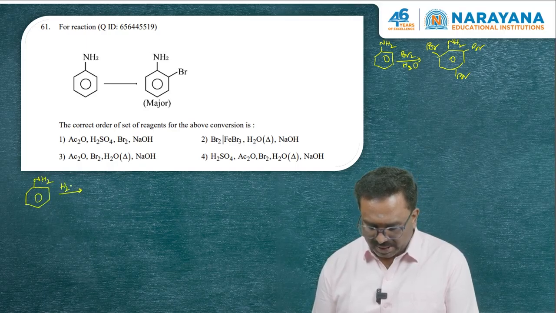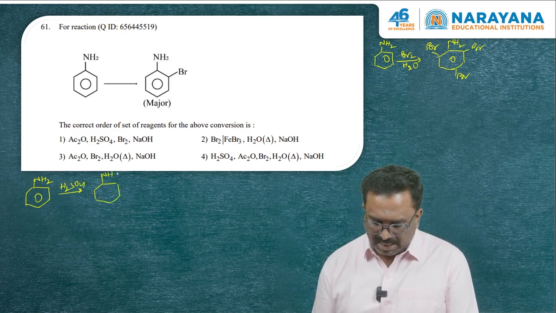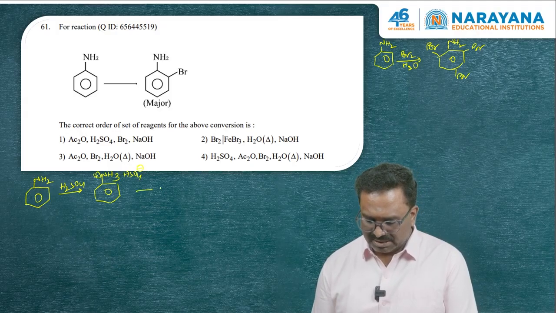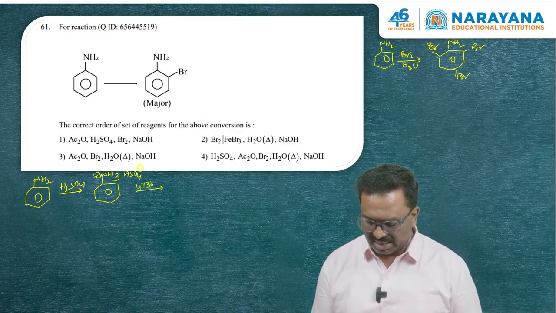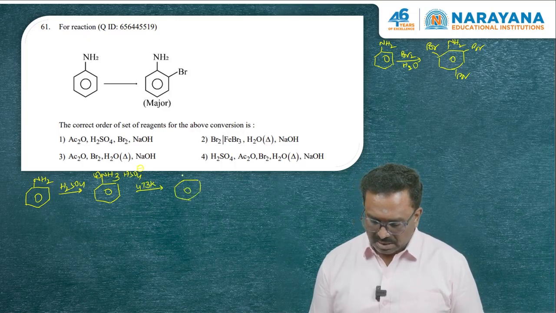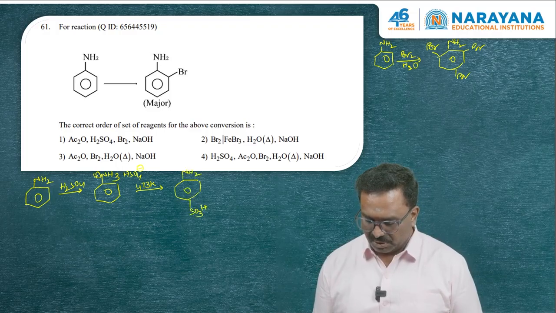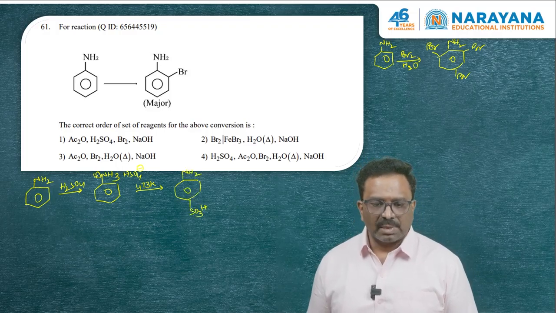See, when aniline is treated with sulfuric acid, first an acid base reaction takes place here. Anilinium hydrogen sulfate is obtained. This anilinium hydrogen sulfate, by heating to a temperature of nearly 473 Kelvin, the SO3H group is shifted towards the para position.